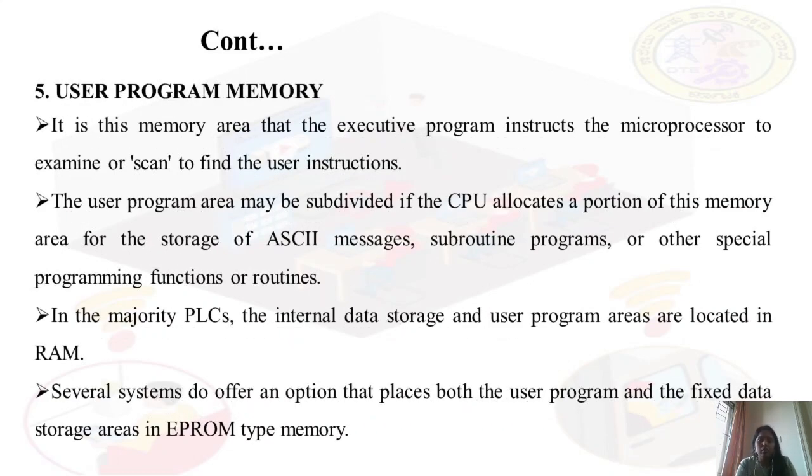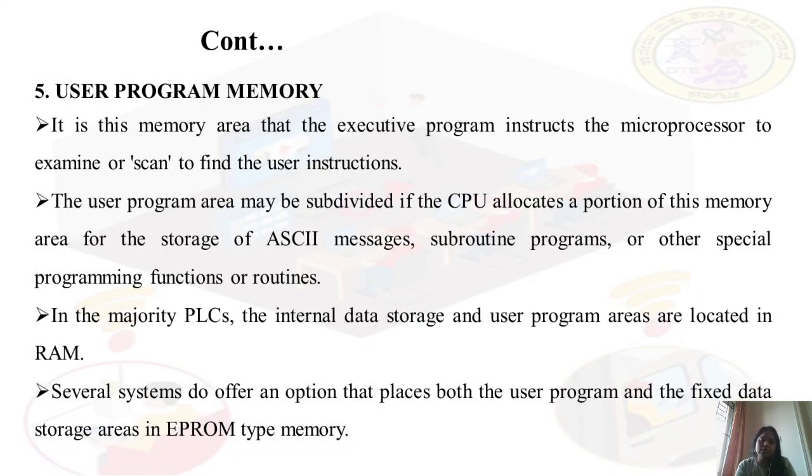The fifth memory is user program memory. It is this memory area that the executive program instructs the microprocessor to examine or scan to find the user instructions. The user program area may be subdivided if the CPU allocates a portion of this memory area for the storage of ASCII messages, subroutine programs, or other special programming functions or routines.